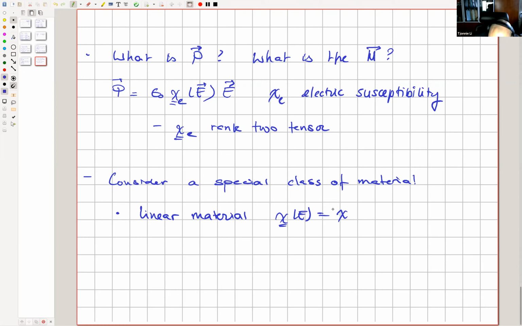Okay. But we also assume that it's a homogeneous material. In which case, chi as a function of r is simply, again, just a constant.